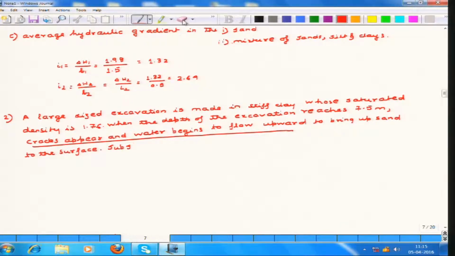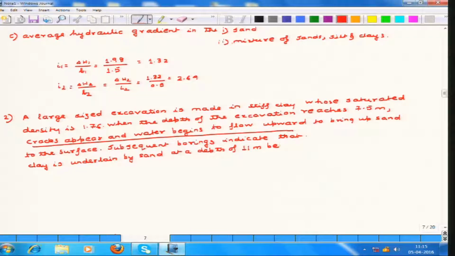Subsequent borings indicate that clay is underlain by sand at a depth of 11 meter below the original ground surface.